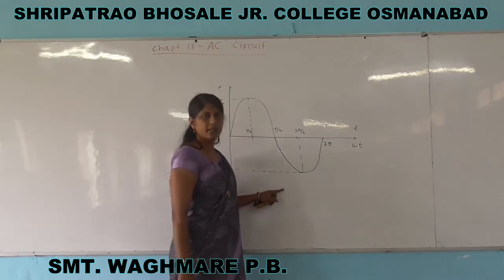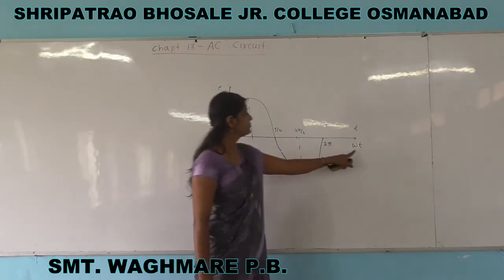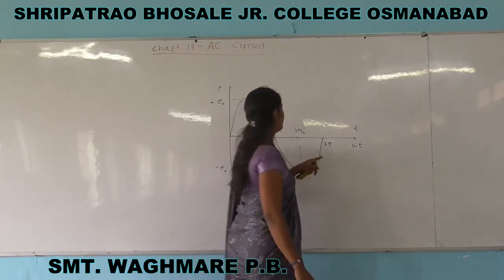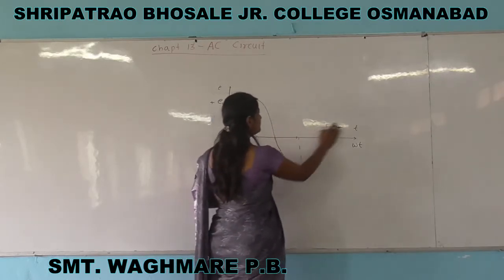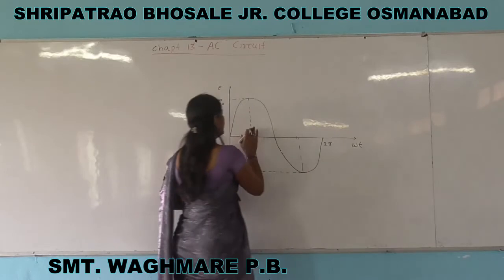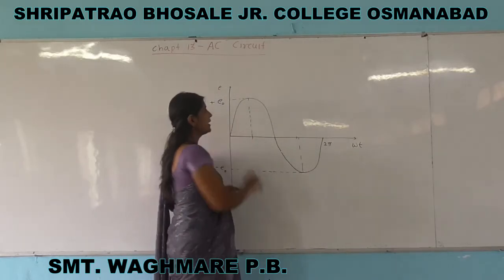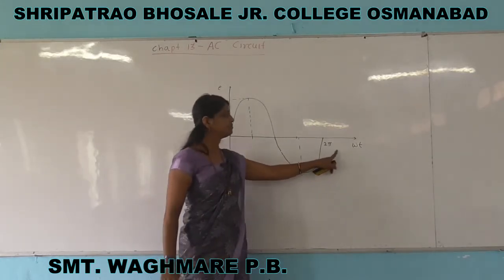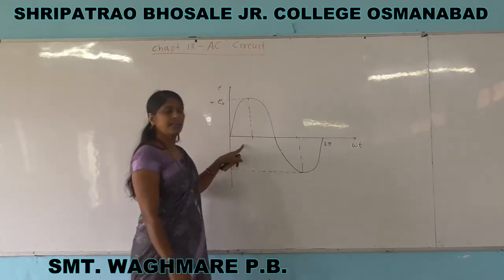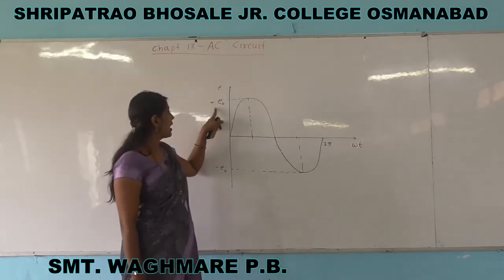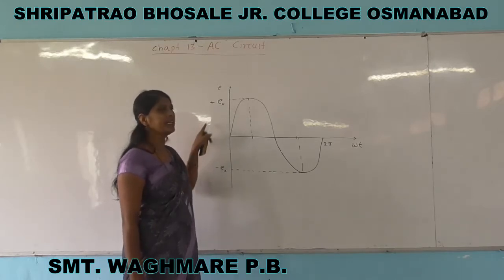When we take a graph between the phase difference and the EMF, this is for the time and EMF. Now we will take the graphical representation for the angle omega t and the EMF.